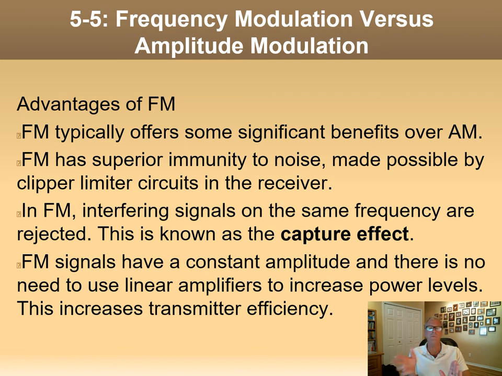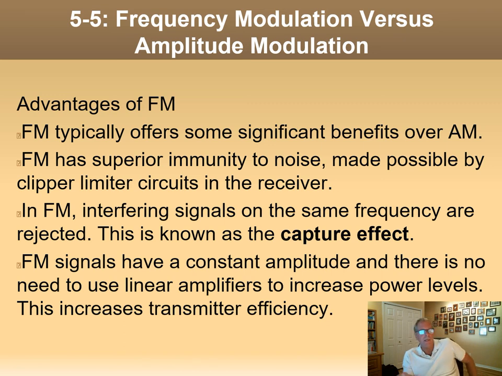Any other signals that are involved, it'll tend to ignore. So it's called capture effect. That is a big benefit of FM. Whereas AM, anything that comes in there, it'll pick it up. So again, this is another big noise suppression characteristic of FM.